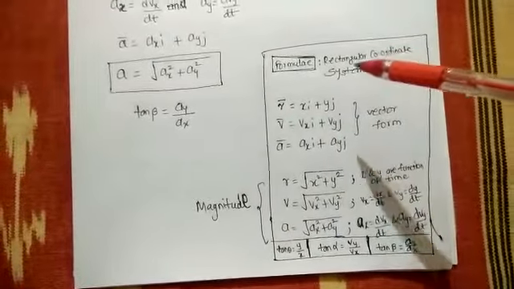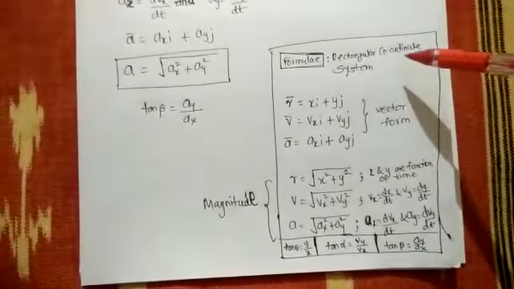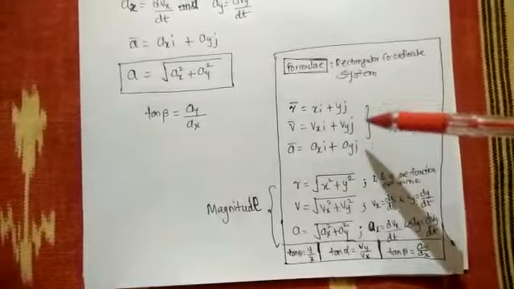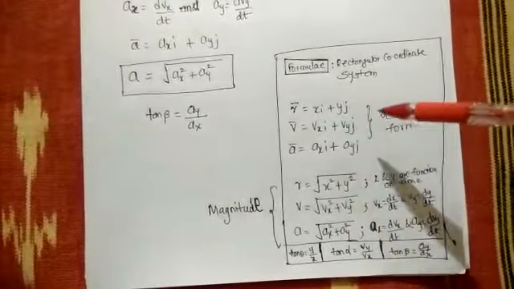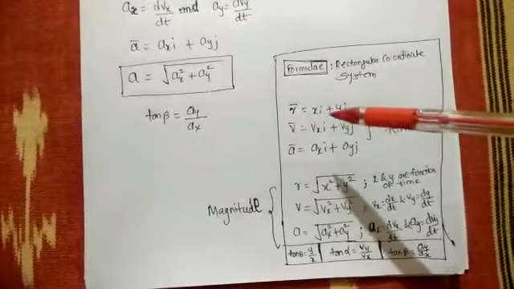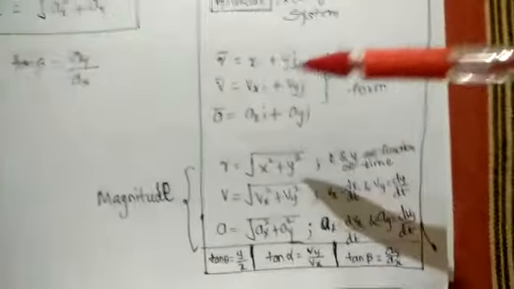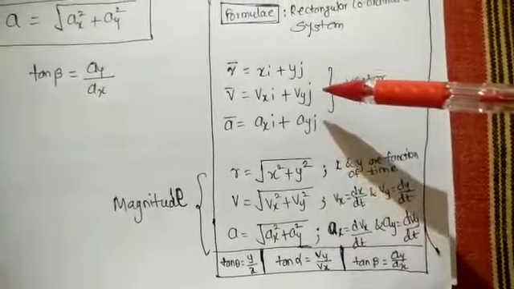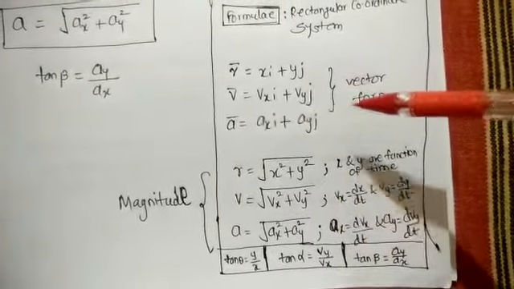Now we will quickly revise formula for rectangular coordinate system for curvilinear motion. So these are equations of position, velocity and acceleration in vector form. So r bar equal to xi plus yj, v bar equal to vx i plus vy j, and a bar equal to ax i plus ay j.